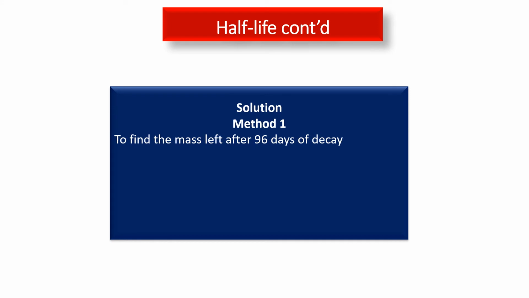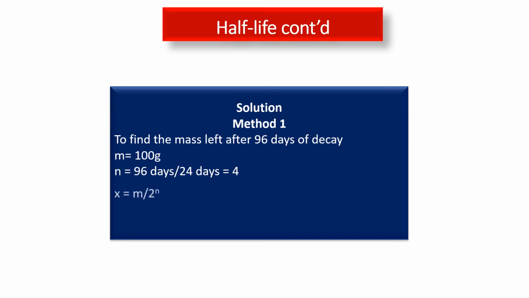Remember, we are asked to find the mass that is left after 96 days of decay. So the original mass given to us in the question is 100 grams, while we can get the number of decay, or period of decay rather, by the period of decay over the half-life, which is 24 days, and that will give us 4.